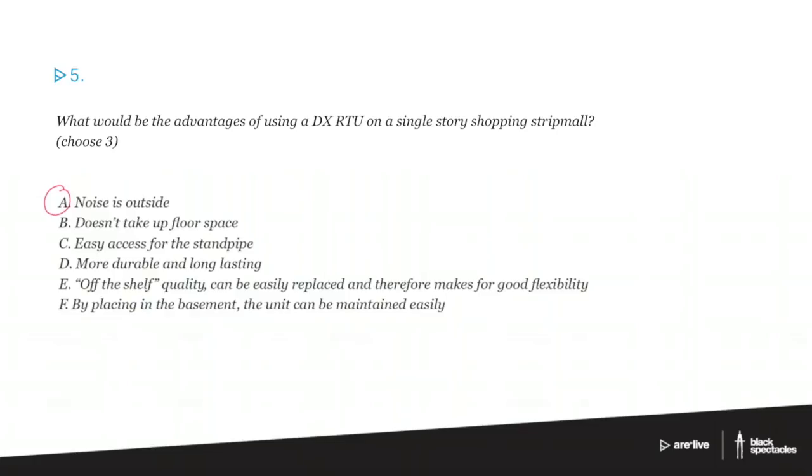So that's one answer. Another good answer here is it doesn't take up any floor space. So that whole mechanical room that would normally have an HVAC unit sitting in it suddenly doesn't have that in it anywhere, because that whole room is gone, because it's all sitting up on the roof and not taking up any indoor space.